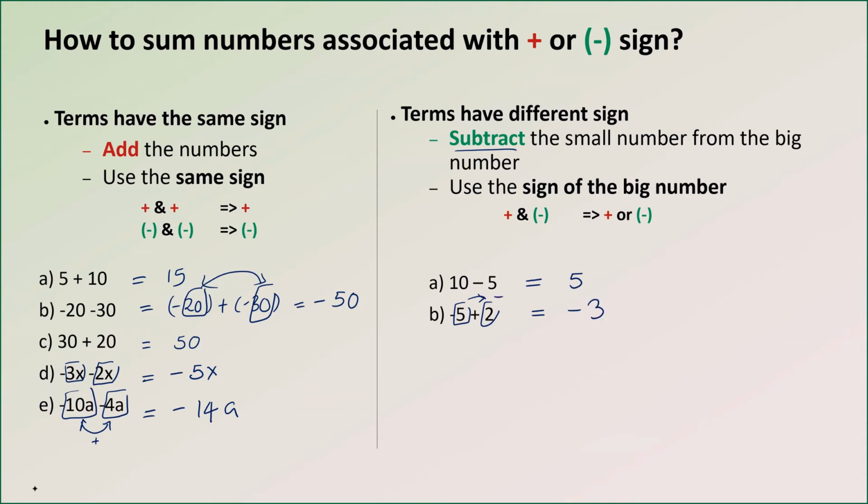Similarly, 10 minus 15, use the minus sign as 15, the bigger number, has the minus sign, and then subtract 10 from 15, which is 5. Answer is minus 5. How about this one? It should be minus 8 minus 5 is 3. Minus 3x.